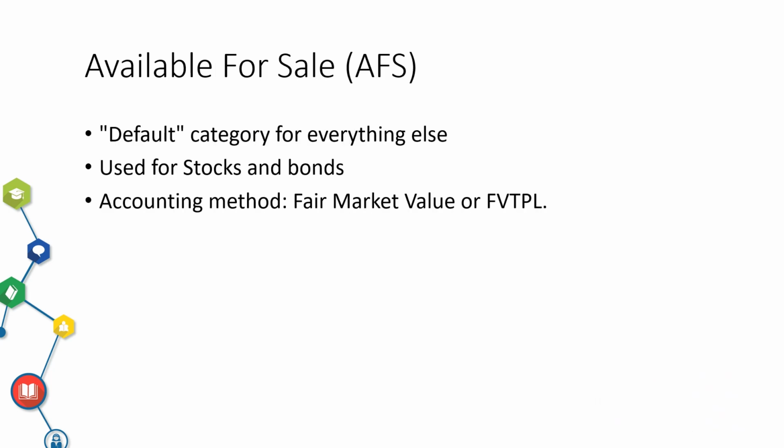Available for sale is sort of the default category for everything else that doesn't fit into one of the other categories. You see this used a lot for stocks and bonds. It is used when a company doesn't really know what it's going to do with it or what its plan for selling them off is.